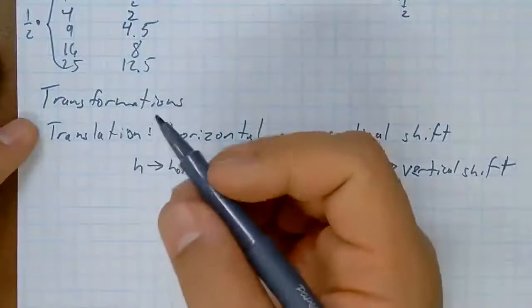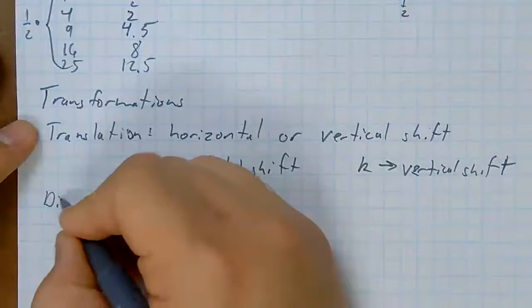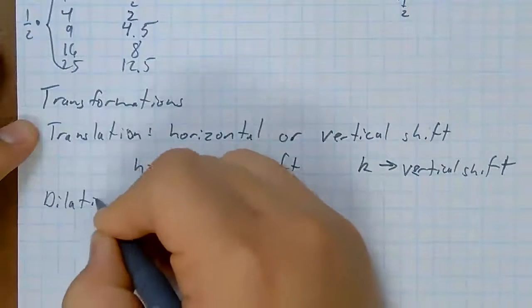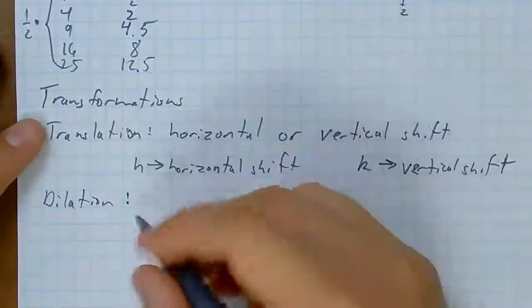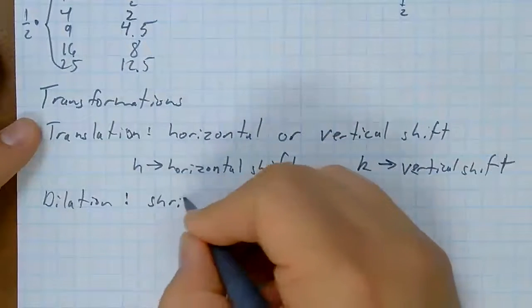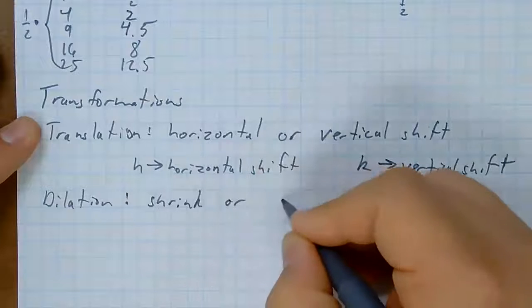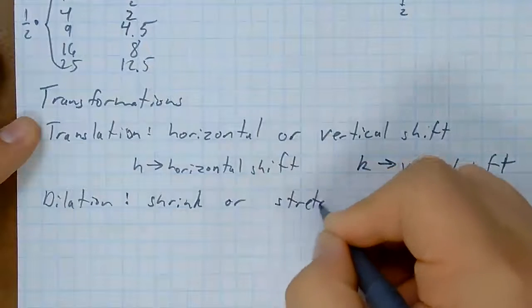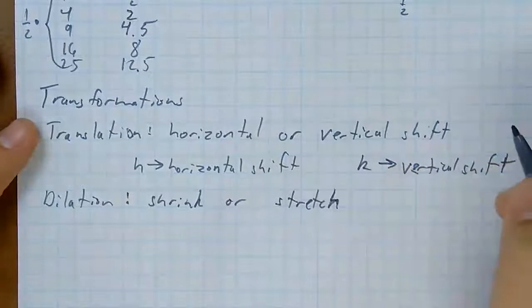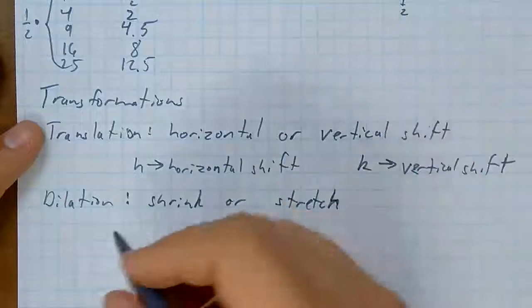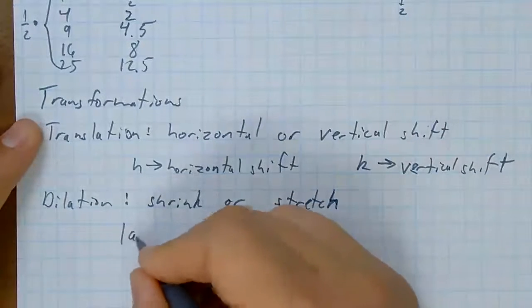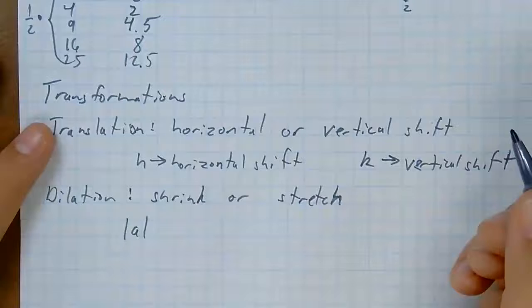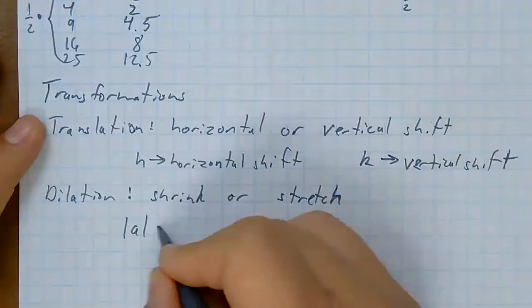The second one is called dilation. Okay, and that's just shrink or stretch. Our A value, okay, the absolute value of A tells the dilation.